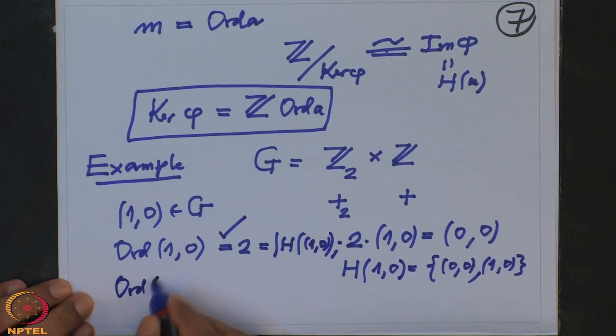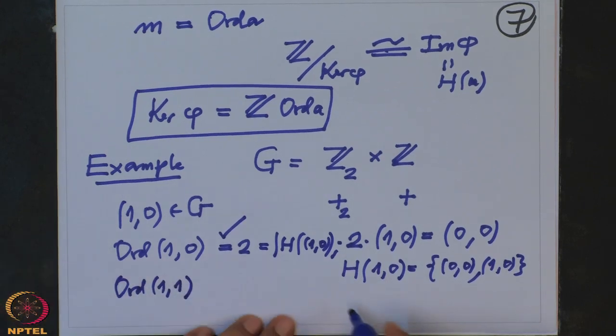(1, 1)? For that, again we will compute the subgroup generated by (1, 1). What will this be?